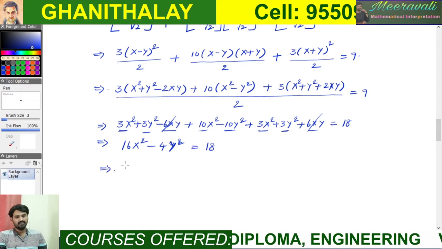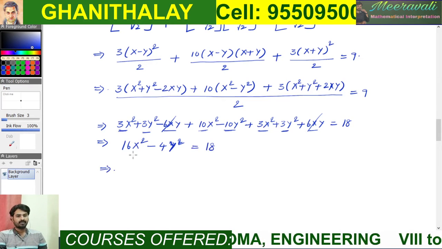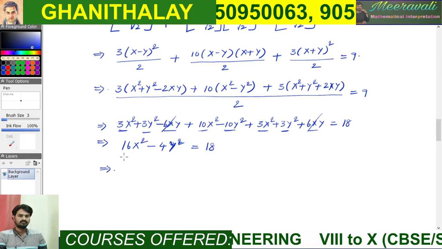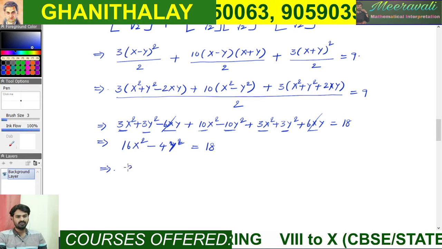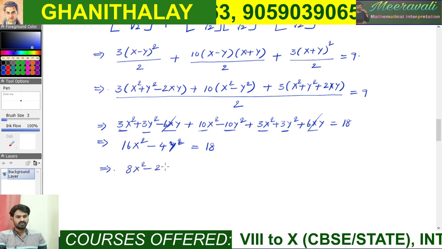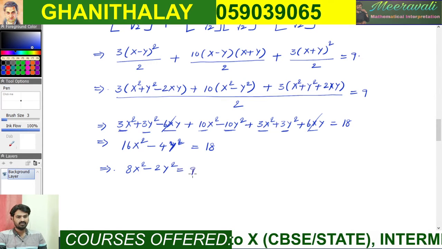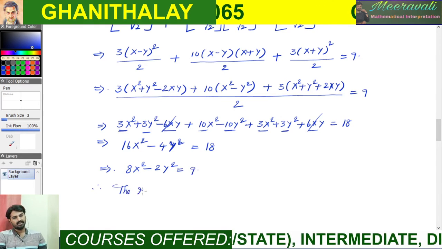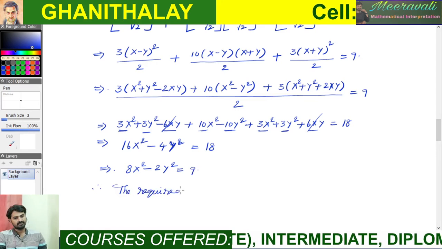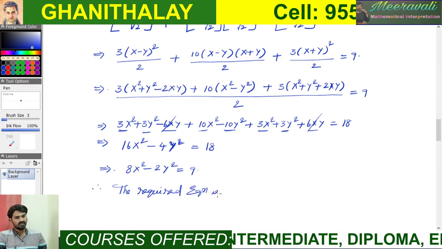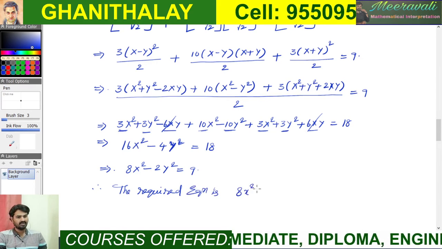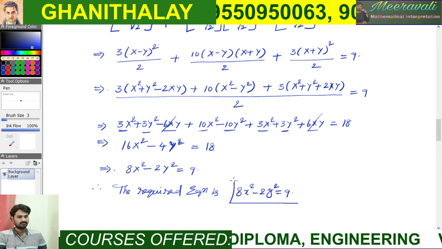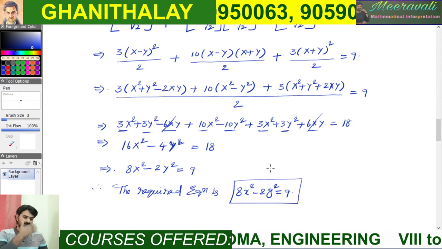Finally you can write this by taking 4 common: 4 8s are, 4 2s are, and 4 9s are. Okay, this is the answer. Therefore finally the required equation is 8x square minus 2y square is equal to 9. Okay, this is the answer.